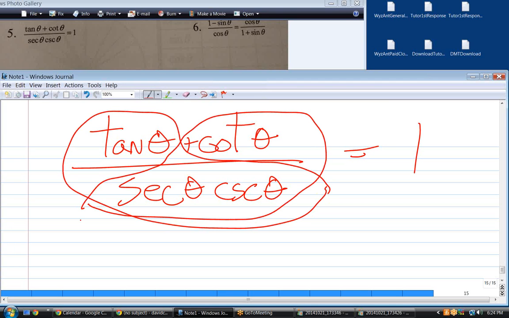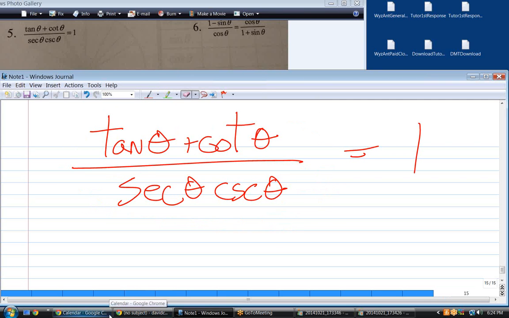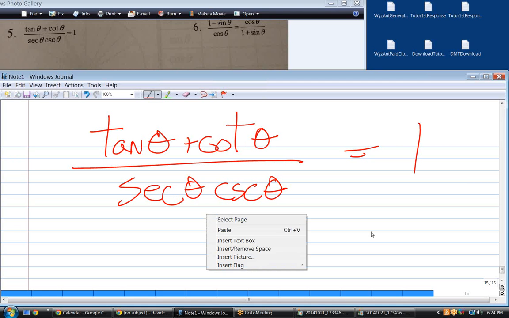But that doesn't really look like it's going to do me much good. Tangent over this, yes, it actually would do some good. I'll tell you what, before we do that, I could change cotangent into tangent and then add those two fractions. But gosh, we've got every trig function in the book here. So what's the best way to proceed?